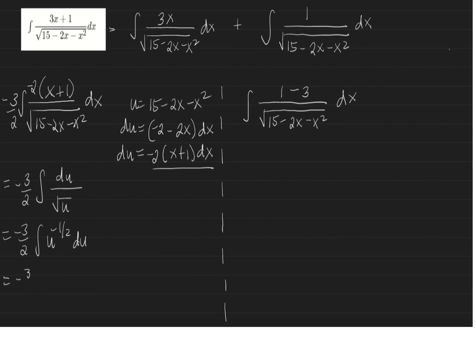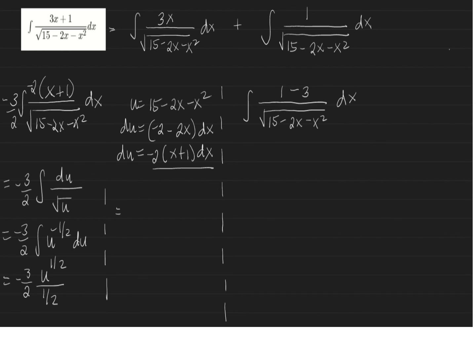So we have negative 3 over 2. We evaluate the integral of u raised to negative 1 half du. So this is u raised to 1 half over 1 half. Again, we'll just include the concept of integration later. So continuing, we have negative 3 over 2 times the reciprocal of 1 half.